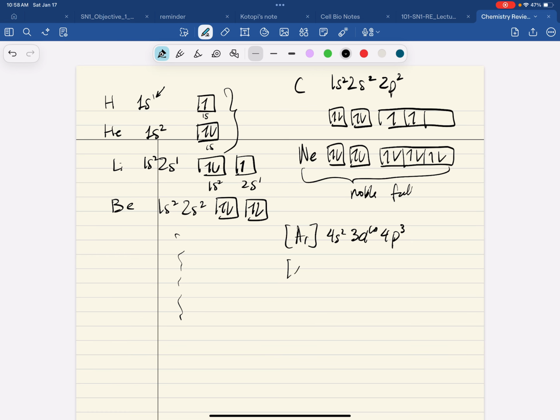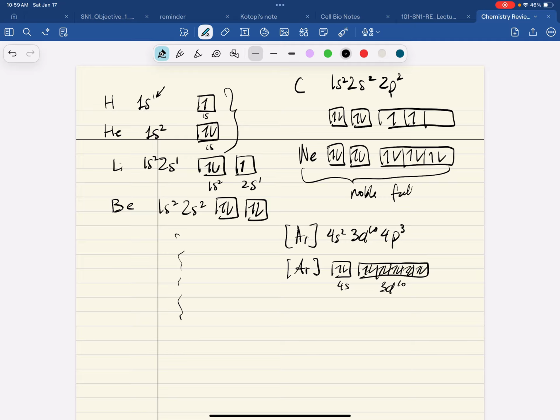So box wise it will look like 4s2, 3d10, so everything is paired. That was a wrong way to draw it, actually. It should rather be everything paired up first and then fill it in.